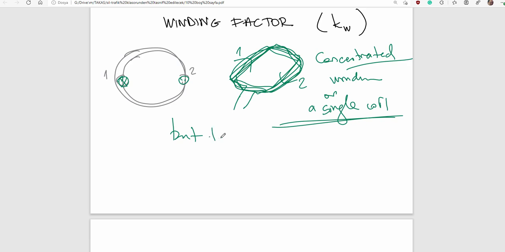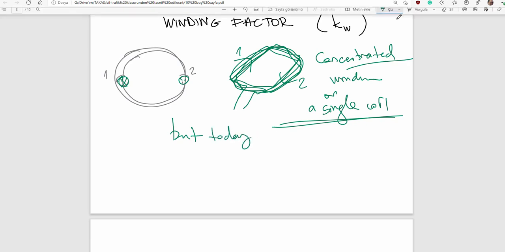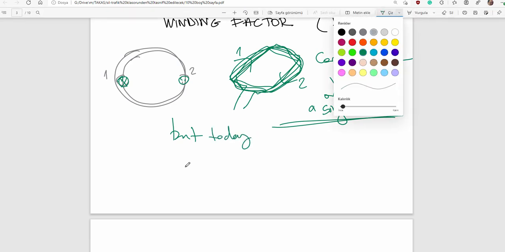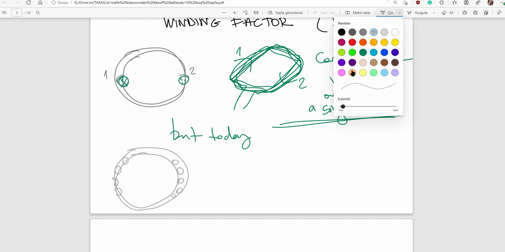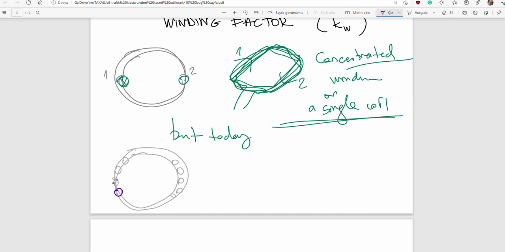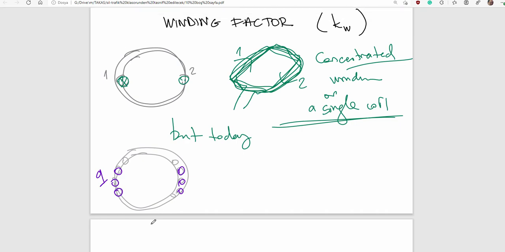But today we generally use distributed windings. Here is the stator. There are lots of slots carrying coil sides. Let's say here are Q times coil sides carrying one coil of, for example, one phase.